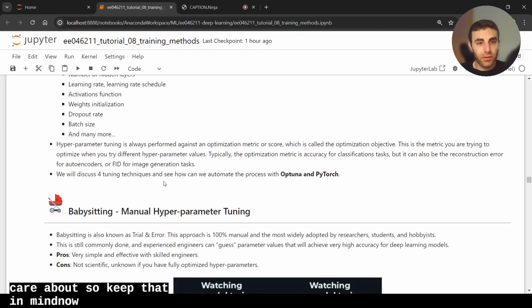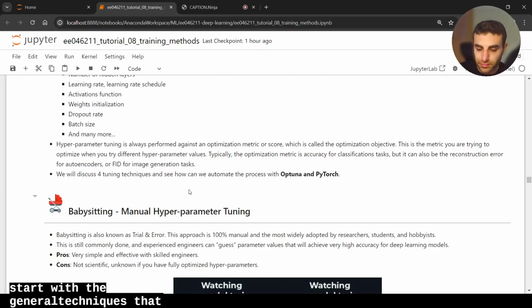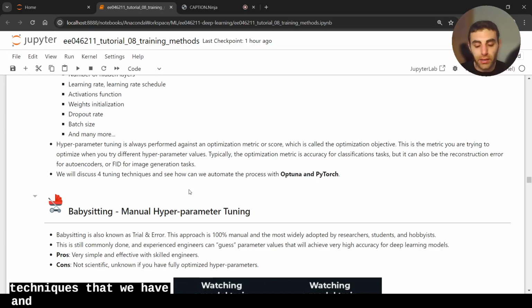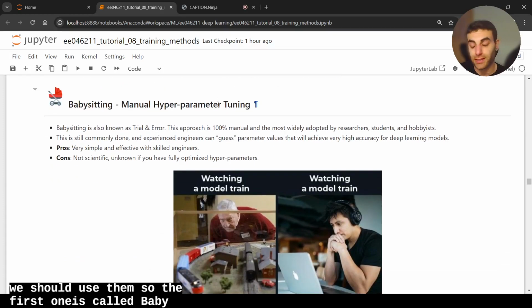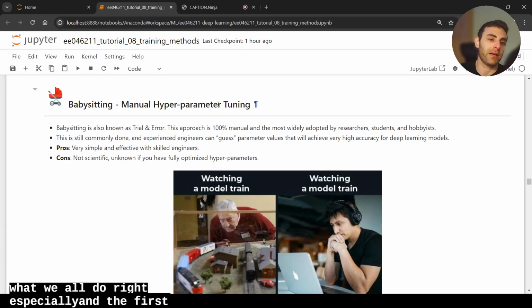Now we will discuss 4 tuning techniques for hyperparameters, and we can also automate the process with Optuna and PyTorch. But let's first start with the general techniques that we have, and why we should not use them. The first one is called babysitting. This is what we all do, right? Especially at the initial runs of our designed model.